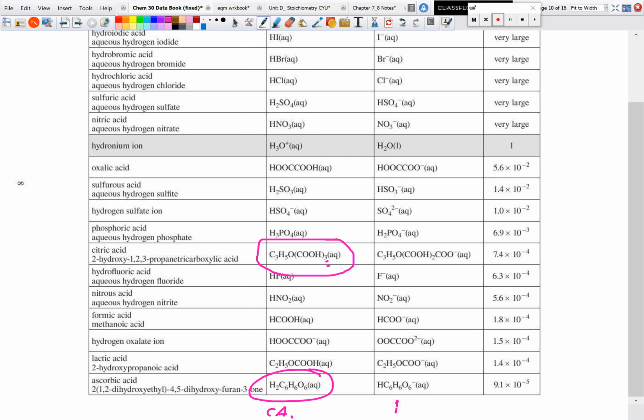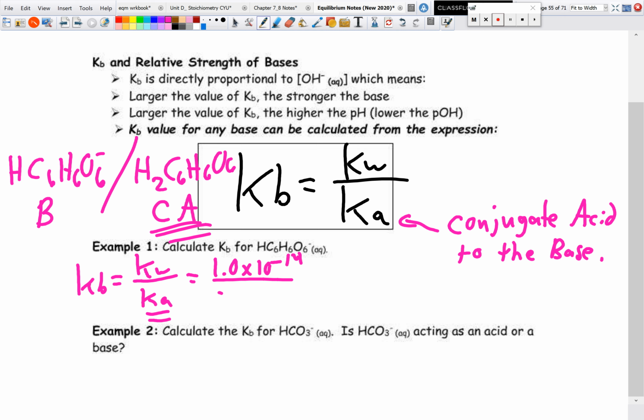Because this was our base, conjugate acid, so we use this value right here, 9.1 times 10 to the power negative 5. And we get 1.1 times 10 to the negative 10. And that is the Kb.